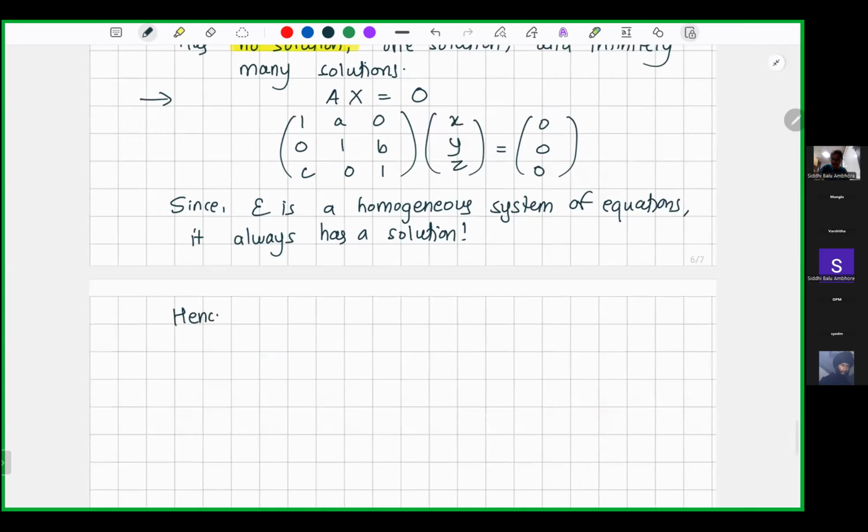Hence there are no A, B, C in K such that the system has no solution.